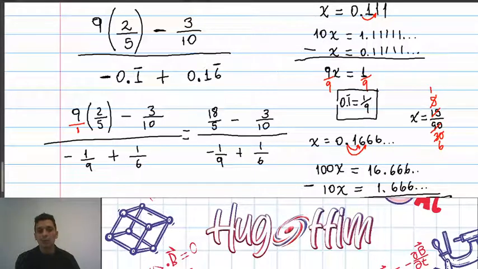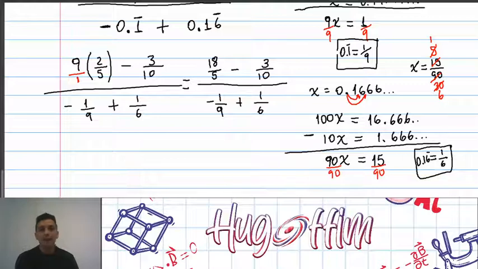Now I'm going to have like denominators here and like denominators here in a way that we can simplify the fractions. So here the least common denominator will be 10, so I'm going to multiply this fraction times 2. And here the least common denominator will be 18, so I'm going to multiply times 2, and 6 times 3.